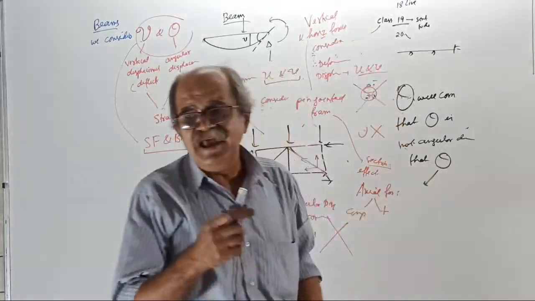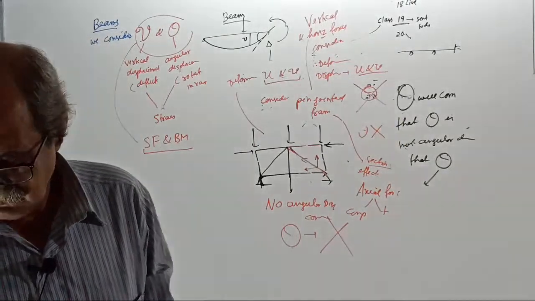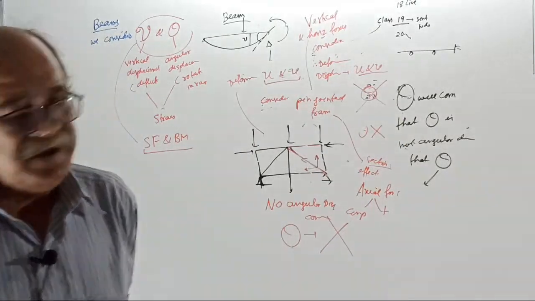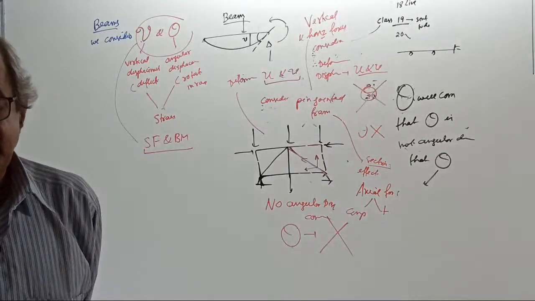But what is the theta which comes here? It is not a deformation theta. What is that theta you get here? I told earlier. Think of it and tell me.